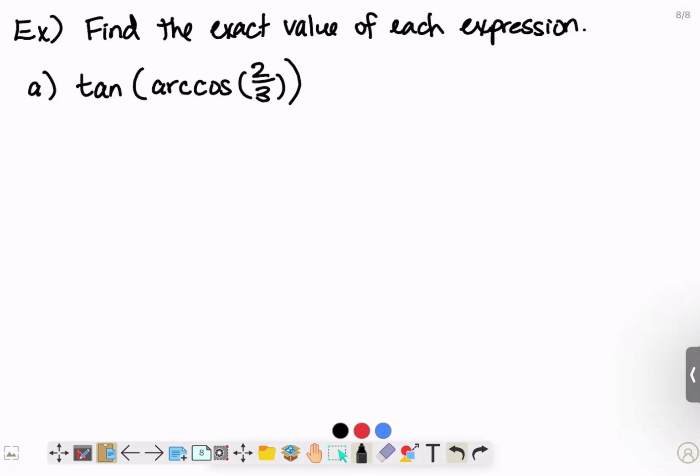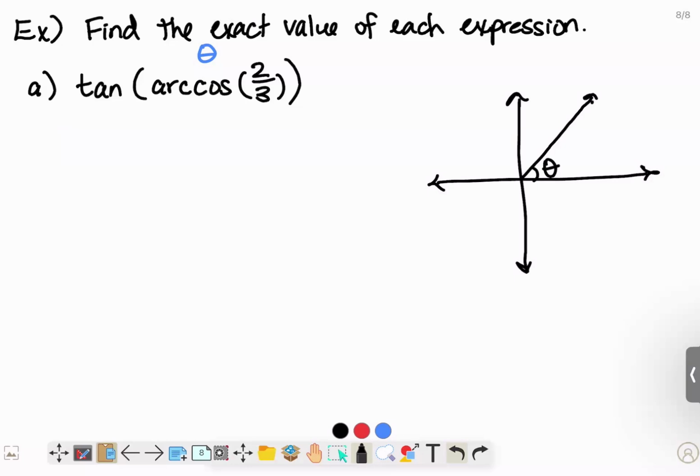So something else that we could do, we could draw a triangle from this information. Okay, so arc cosine of 2/3 will give us an angle, so that's theta. Let's draw a picture. We're going to use a triangle, so let's make this a right triangle. So this angle theta, cosine value is 2/3.